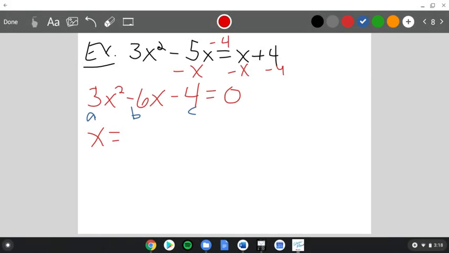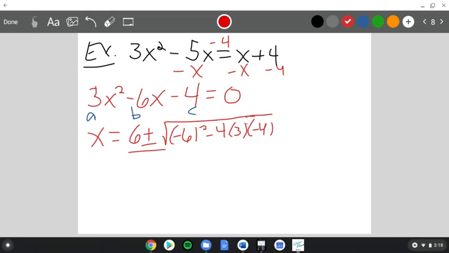And then our b for this problem is also negative, so the negative negative will turn it positive. Of b squared minus 4ac all over 2a.